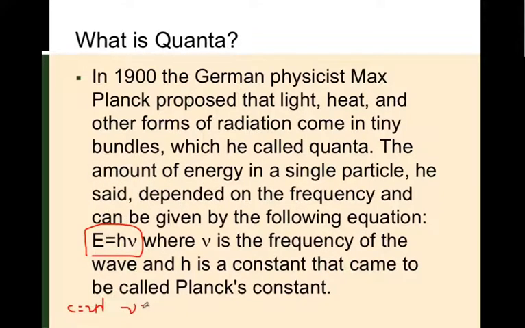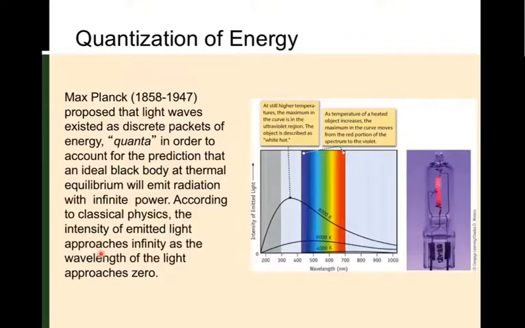Nu is equal to c over lambda. And that can be filled in here, and we could get it in terms of the wavelength. This was a very important equation and will be very important. Just keep it in your mind.